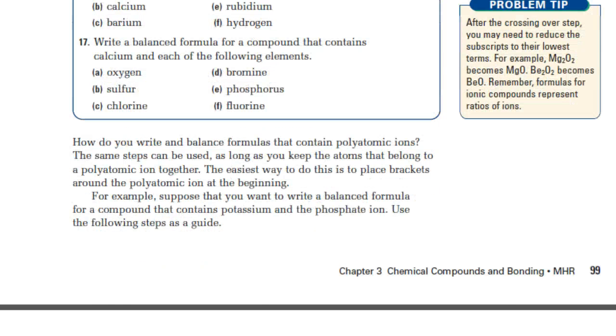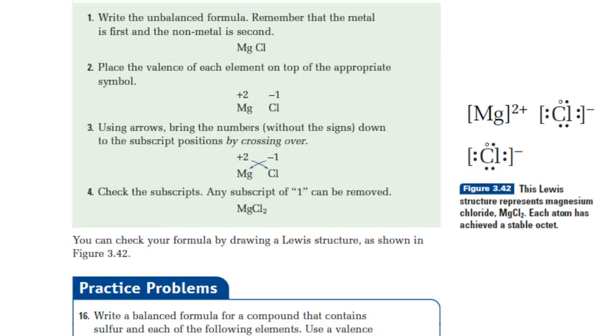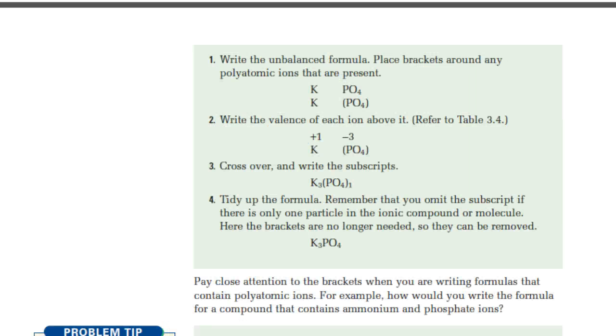And on page 99, there is a nice table summarizing how to write a compound using the crisscross method, the crossing over method. And on page 100, there is a summary of how to write potassium phosphate.